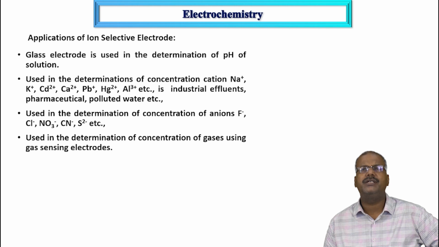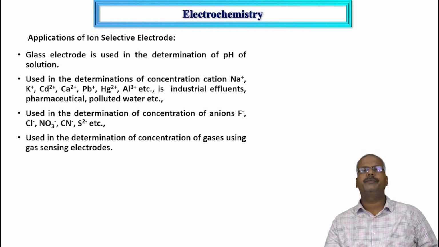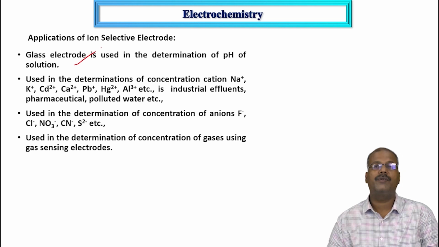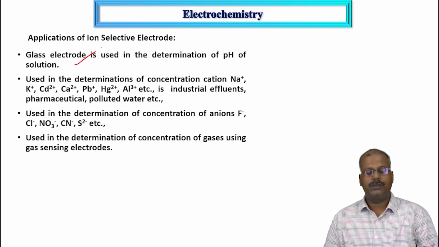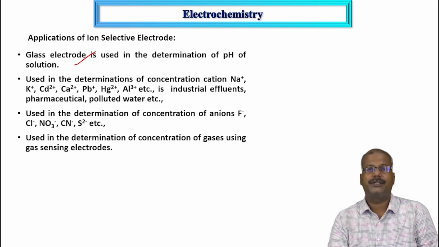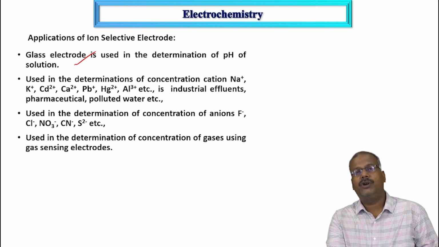Application, we have already seen this. Again, I am telling, there are different applications for this glass electrode, which is an ion selective electrode for the determination of H+ ion. The glass electrode is one of the main applications, and ion selective electrodes are also used in other analyses, like environmental chemistry.